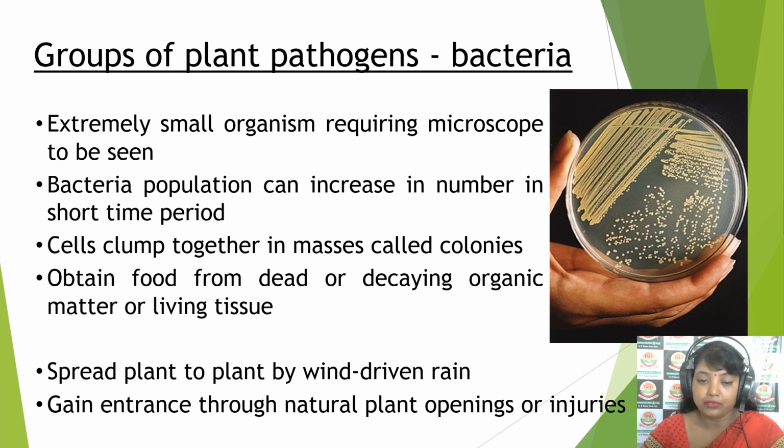They obtain their food from dead or decaying organic matter as well as living tissue. So they are saprophytic and also parasitic, and the bacterial population increases in number in a very short time period. So that is the definition of bacteria.